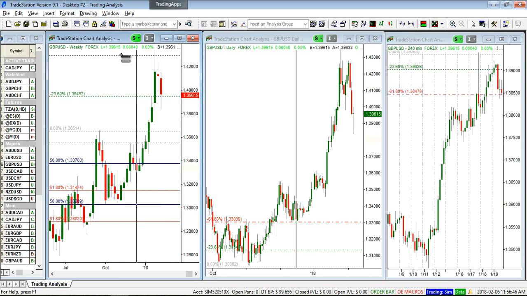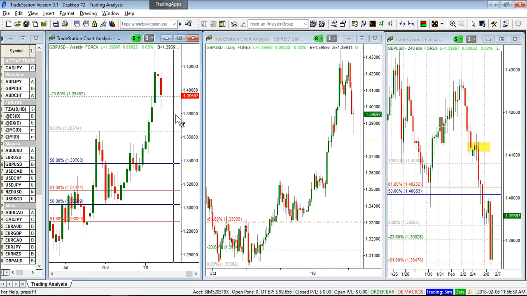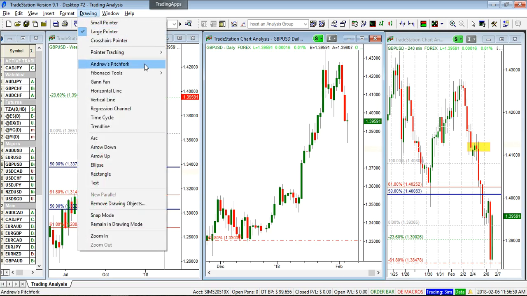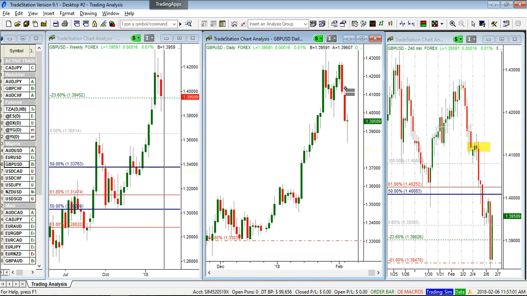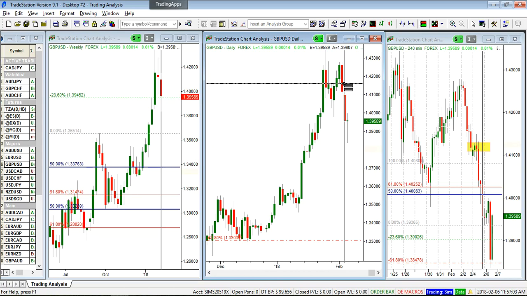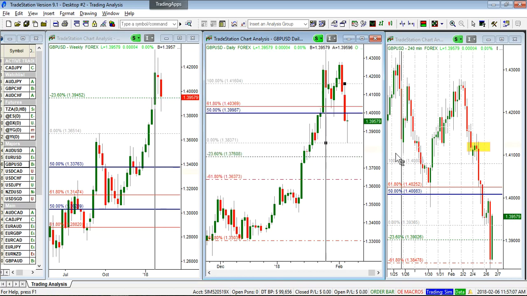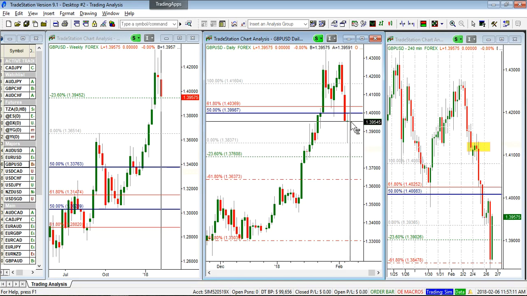It's an inner extension here, and that has pierced as well. So at the moment, what we can consider here is that this market is retracing here, and I'm going to consider the extension short lows to lows, and that extension has not yet come into play here.